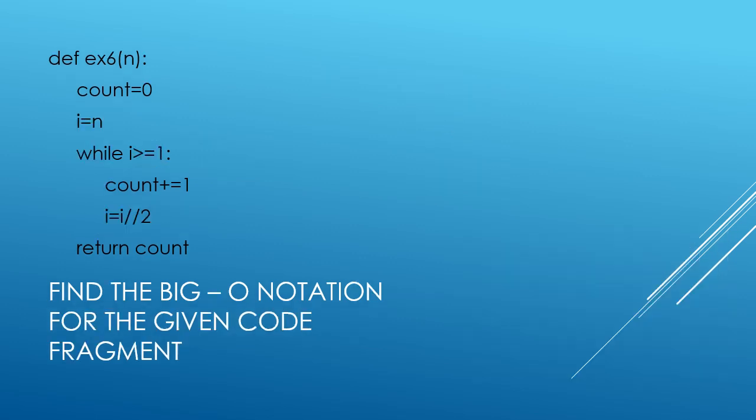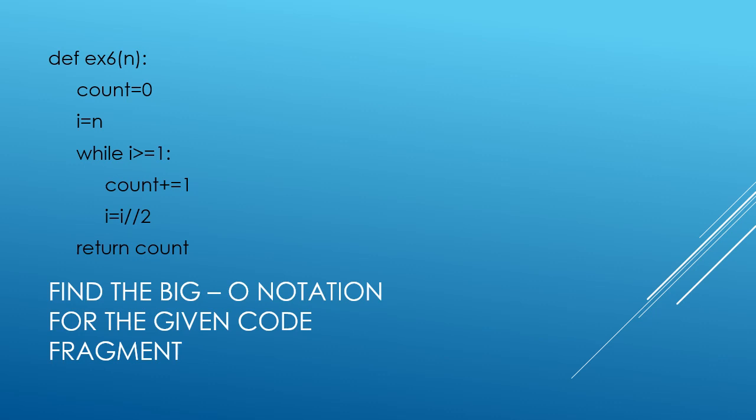The function is now x6. Count equals 0, i equals n. While i is greater than or equal to 1, count plus equals 1, i equals i divided by 2, return count. Count equals 0 is O(1), i equals n is O(1), return count is O(1).